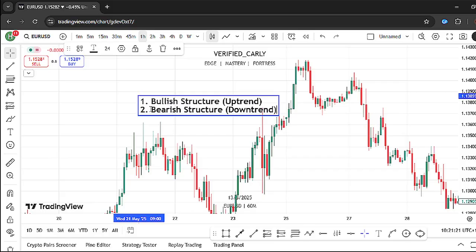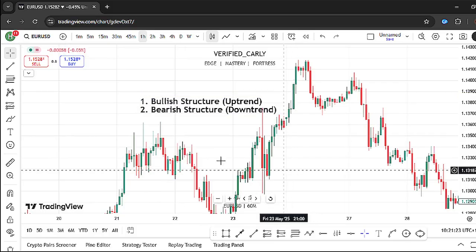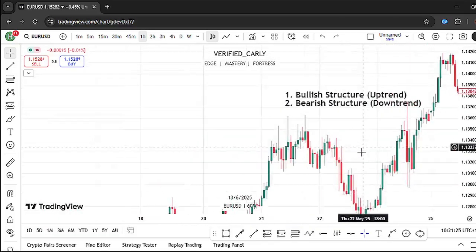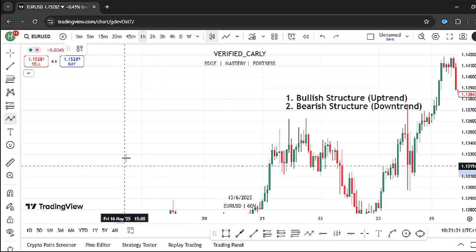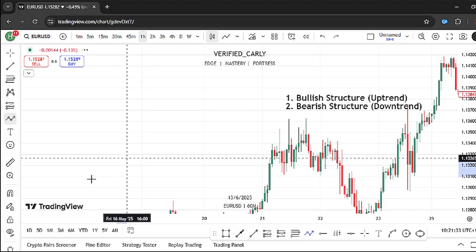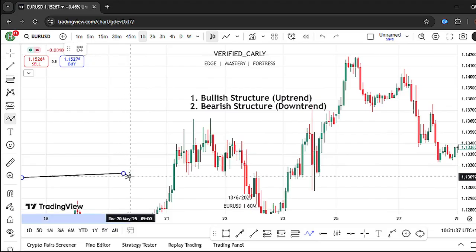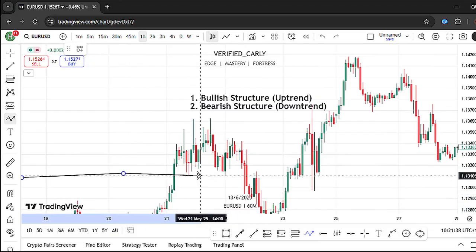So bullish structure is when price is making higher highs and higher lows. So in the bullish structure, price is breaking highs to the upside. Look at an example of the bullish structure. Let me show you.